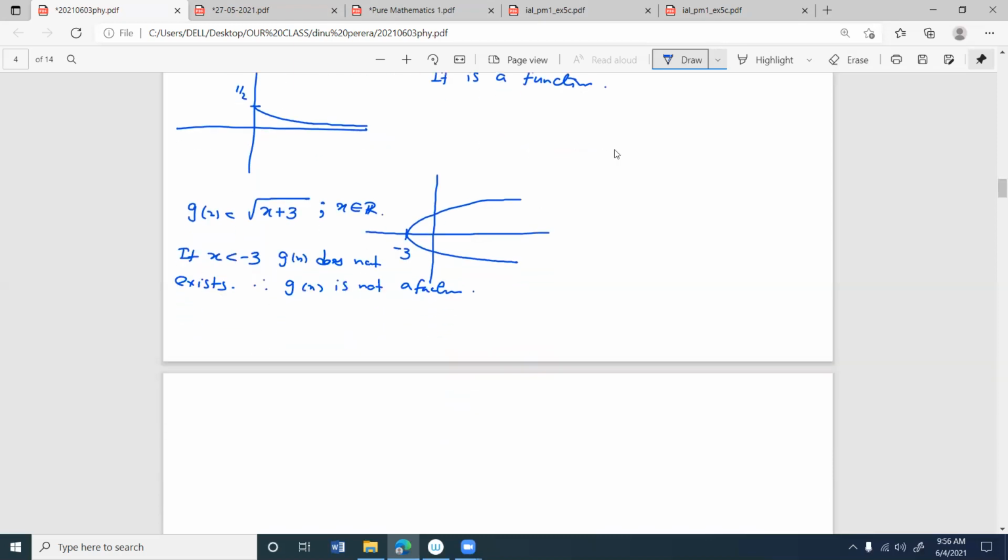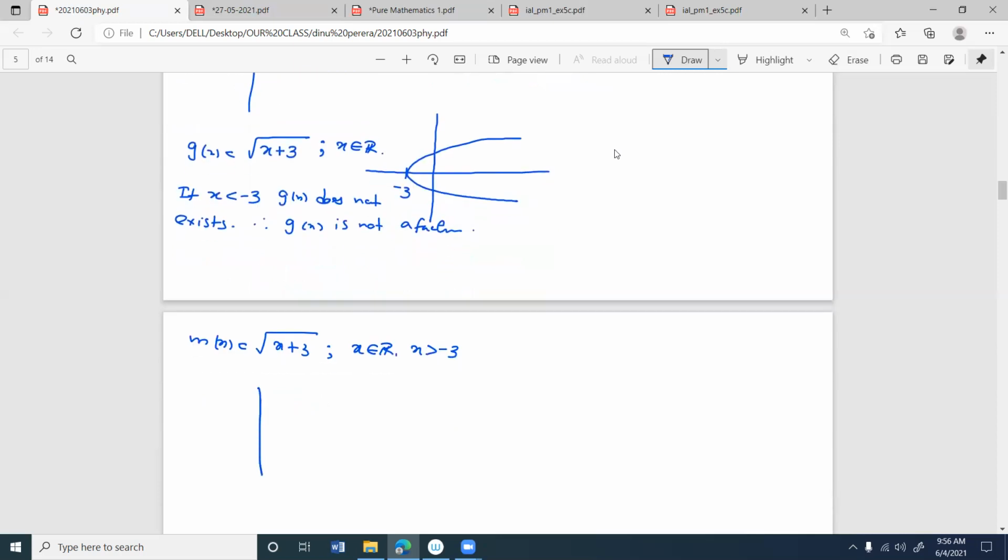Okay. There's a second case just like this. m(x) equals square root of x plus 3, and they have given x is any real number and x is greater than minus 3. Now tell me whether it's a function or not a function. Therefore, the x coordinate is only here.